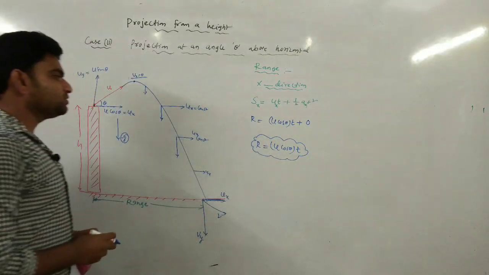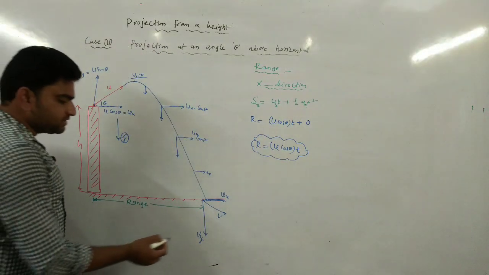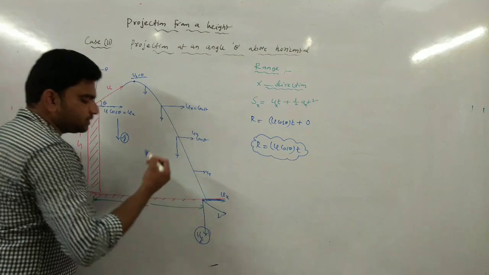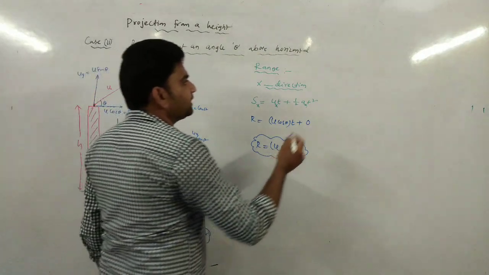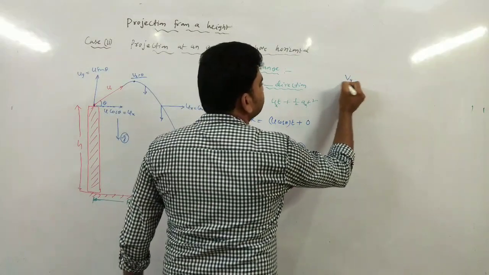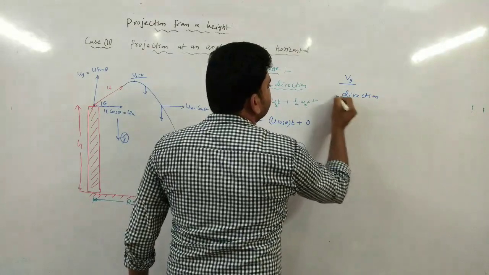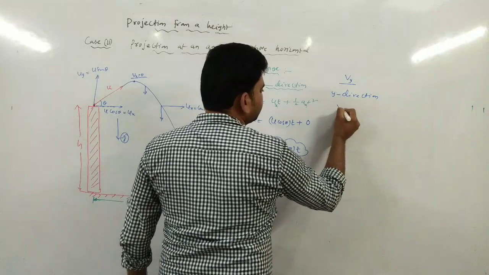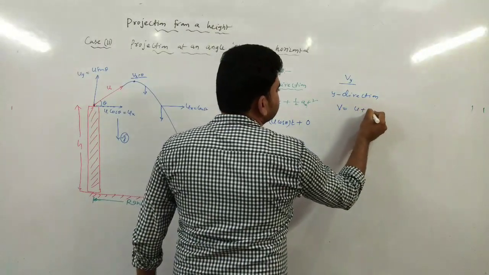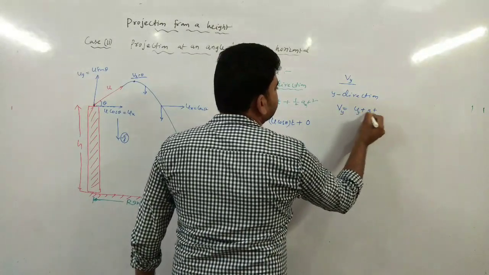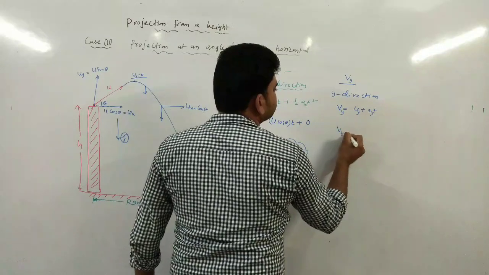Right? And also I wanted to calculate the velocity in the vertical direction. To calculate the velocity in the vertical direction, that is Vy, I am considering the motion in the y direction. So we have an equation v equals u plus at. From here I can calculate Vy. So Vy becomes what?